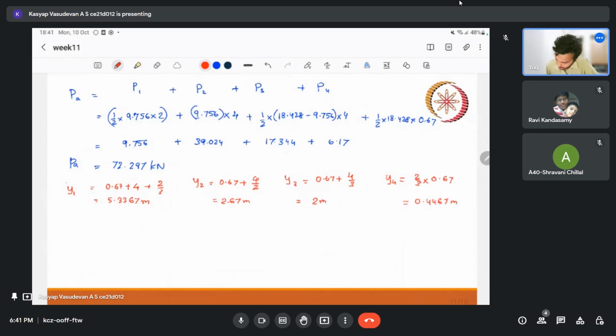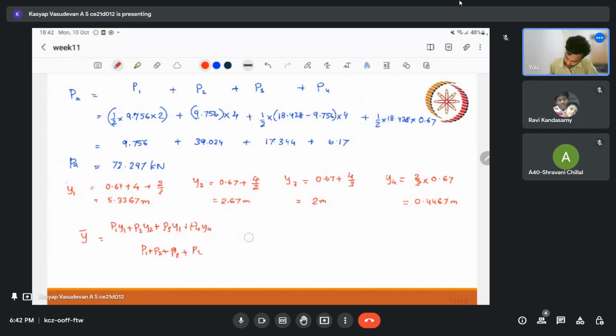Now we can arrive at the position of our total force. I can write it as P1 y1 plus P2 y2 plus P3 y3 plus P4 y4 divided by P1 plus P2 plus P3 plus P4.